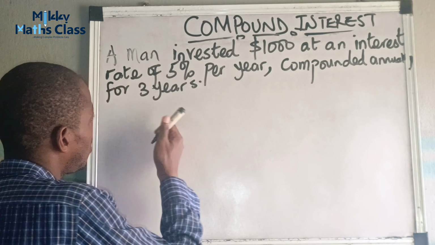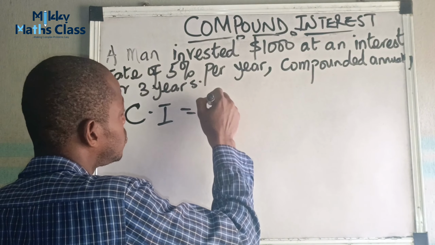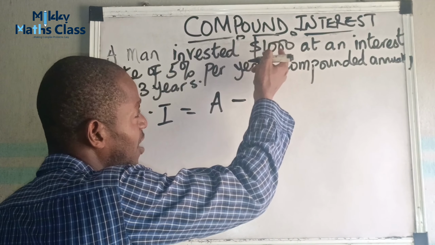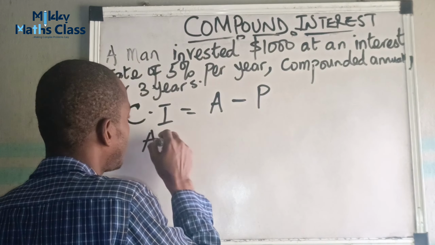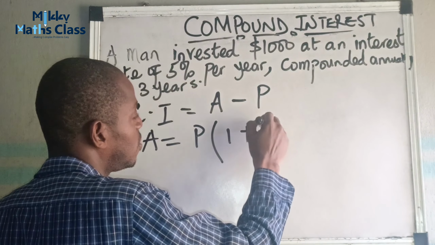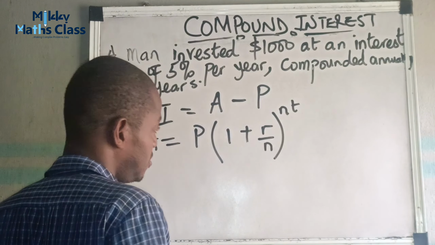Now our compound interest, CI, will be equals to amount minus principal, the amount that's money generated, and the amount is given by the formula principal into bracket 1 plus R over N raised to the power of NT.